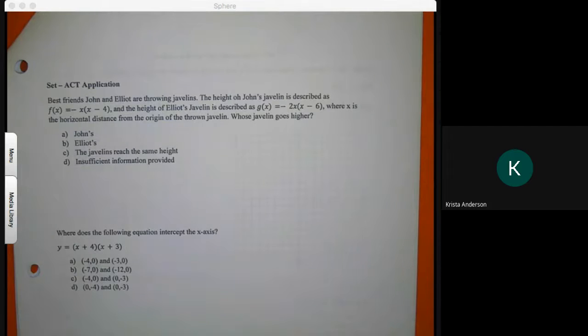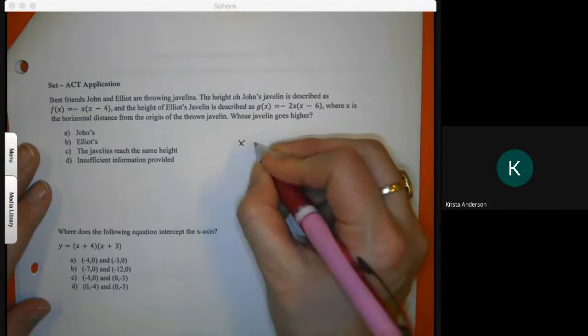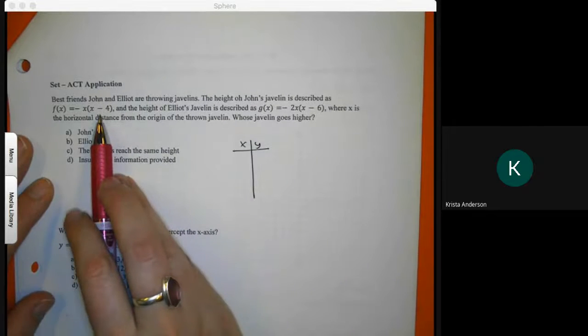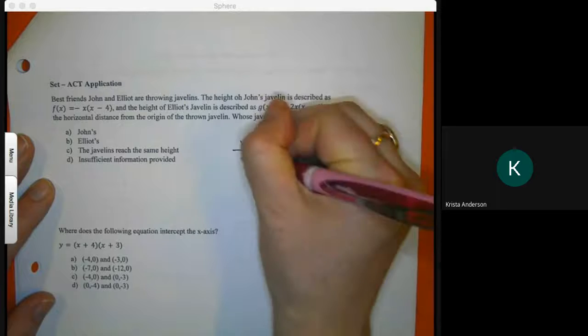What did we do on the page just before when we had equations like that? The bigger number starts the table. Okay, let's make a table. Let's try it. X, Y. This one has a 4.